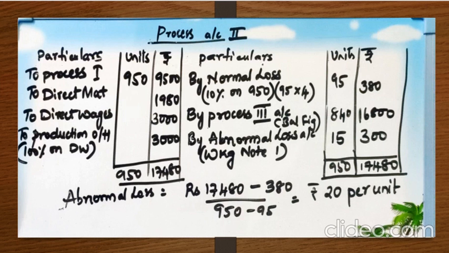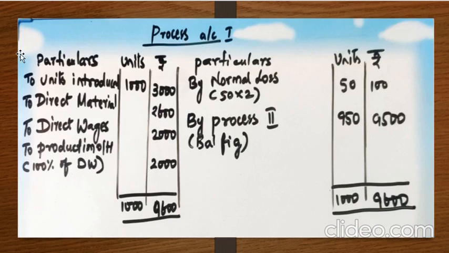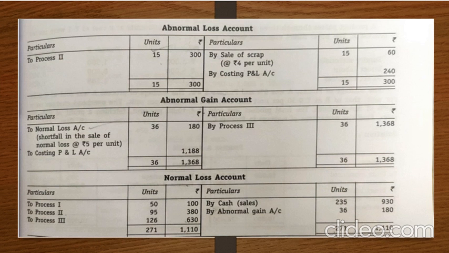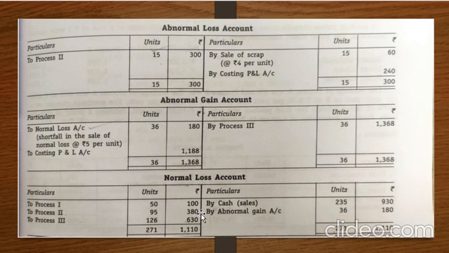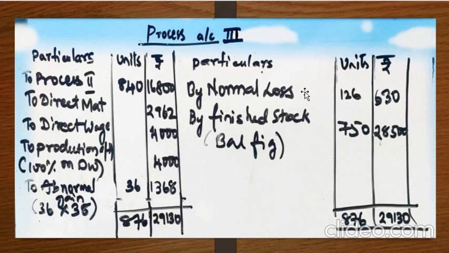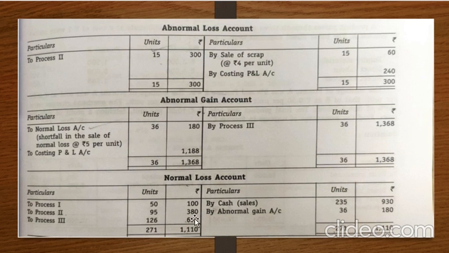For process 2 it is 95 at rupees 380. For process 3 it is 126 at rupees 630. So the total will be 1110 and units will be 271.